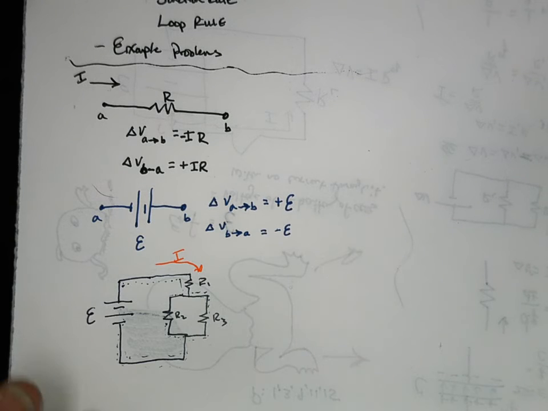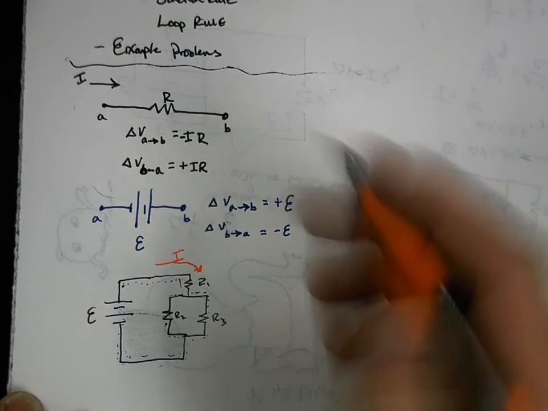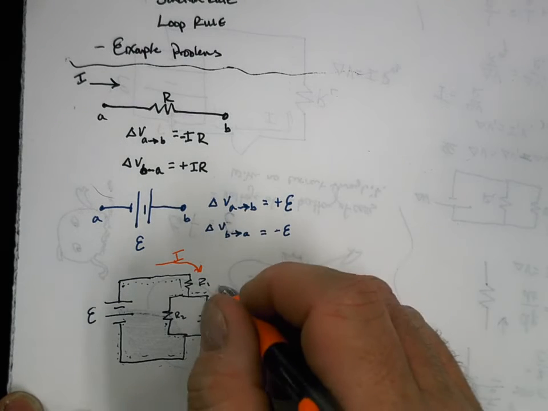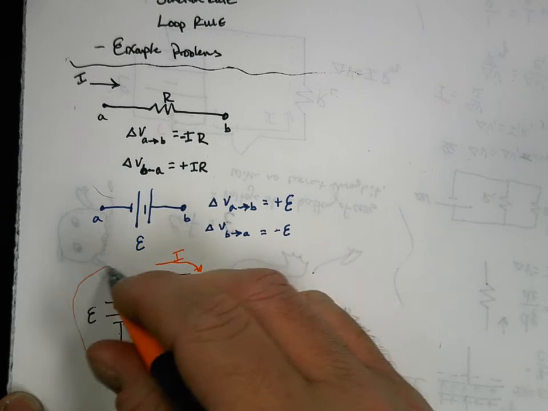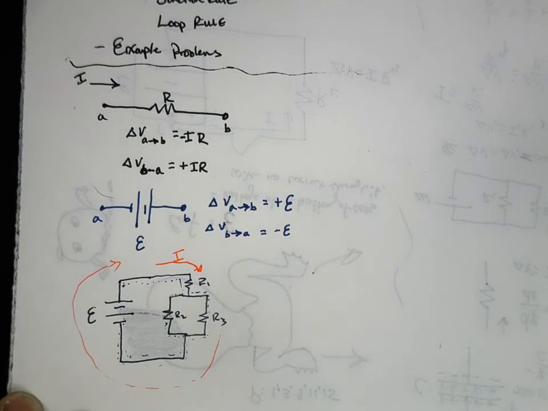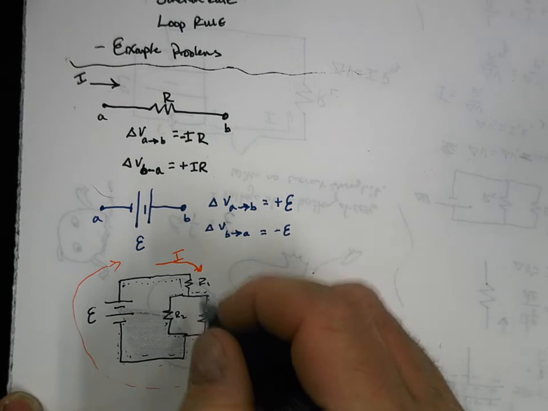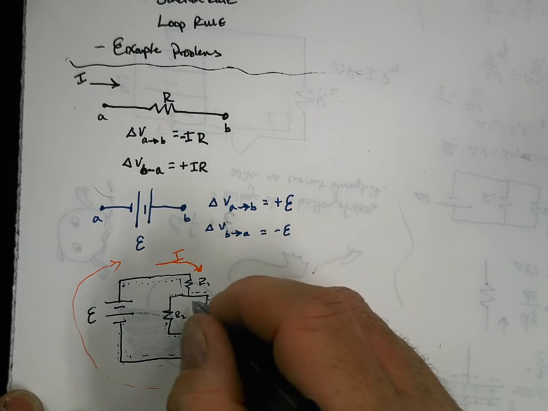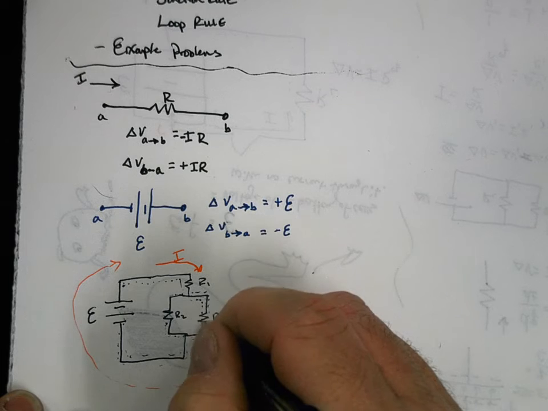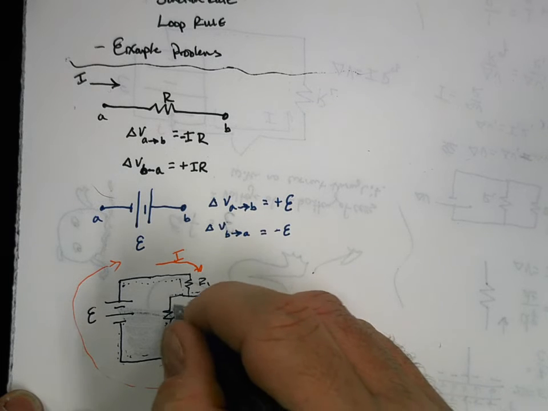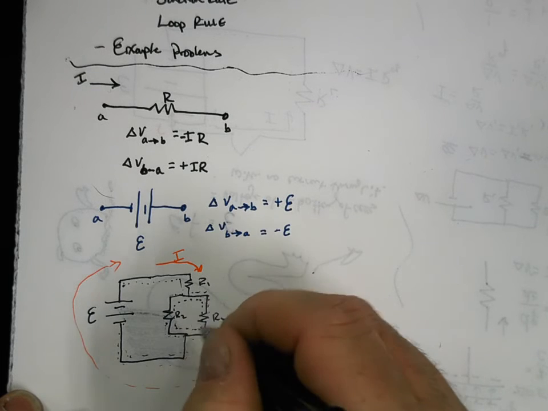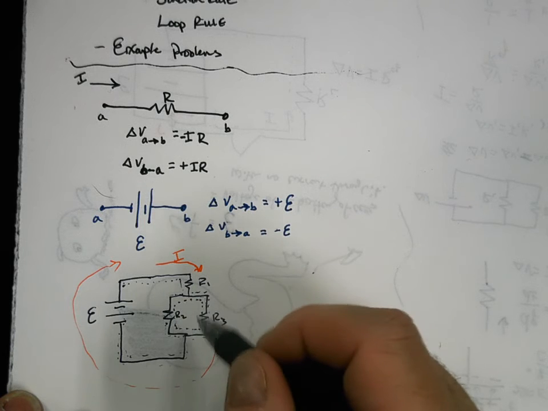But there is a third loop here, and this is where I need you guys to pay close attention. Our current is in general flowing in this direction, like so. That means that in here we have another voltage walk we can take within this parallel resistance group.